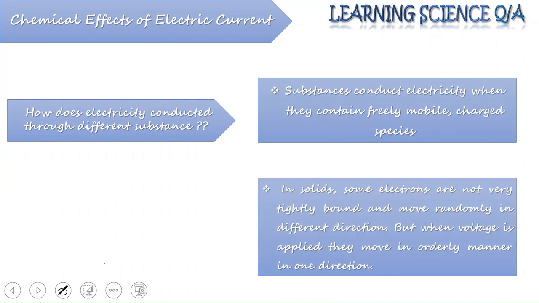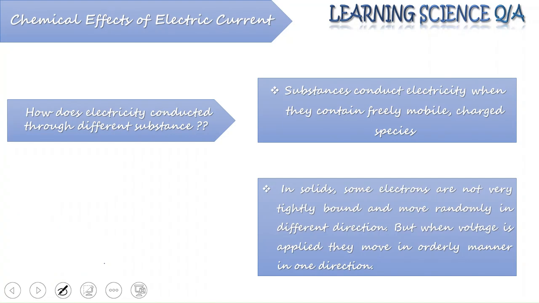In case of solids, when we are talking about metals especially, some electrons in the solid are not very tightly bound. That means they are present at the outermost shell of the atom. So these electrons are not very tightly bound and they can move randomly in different directions.